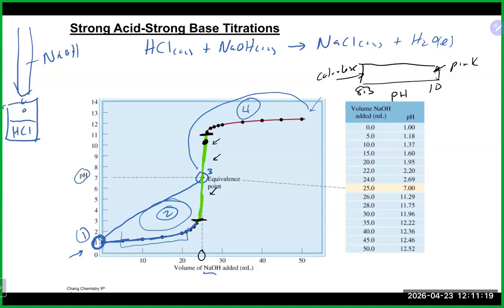And now your indicator, because you're now at like a pH close to 10, is going to be super dark pink, even though a minute ago you were down here and you're like colorless at that point, right? And so just adding that one drop, you do not need a lot of volume as you reach the equivalence point or near the equivalence point to change the pH a lot. And what that does for your indicator is it changes the color of your indicator a lot, even with a very, very small volume. Any questions on that?